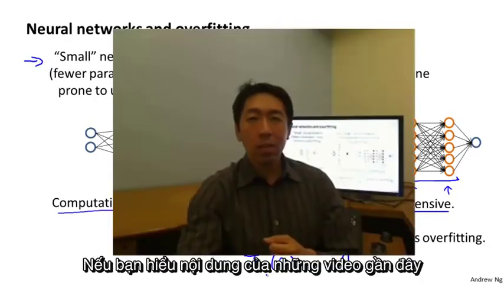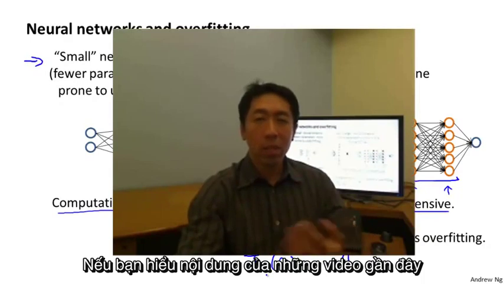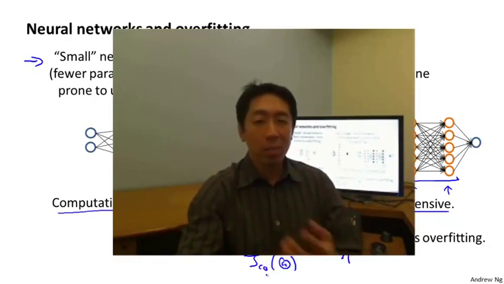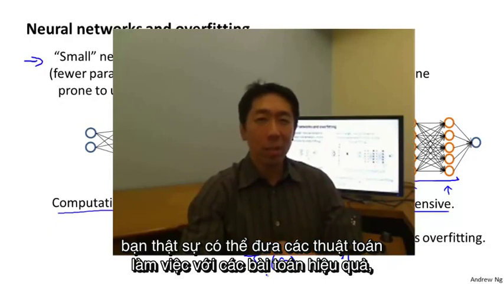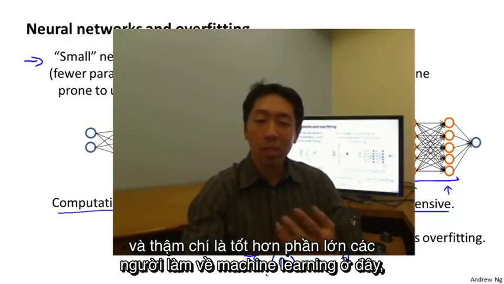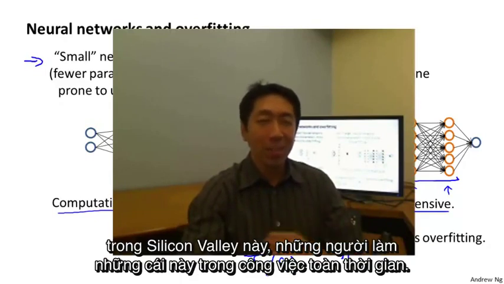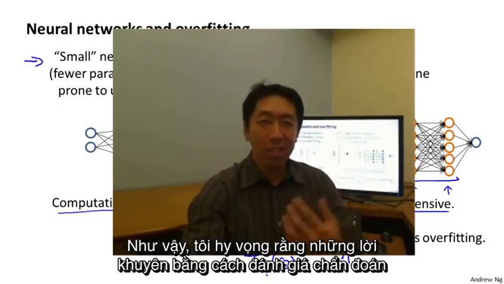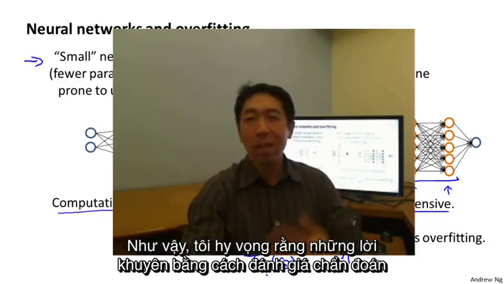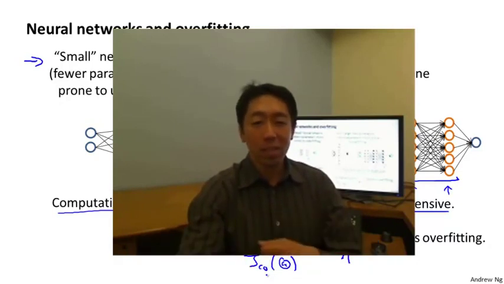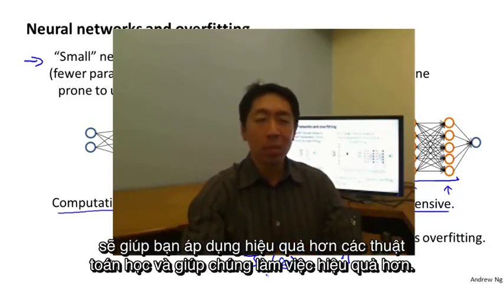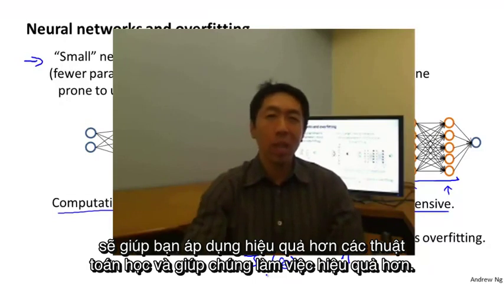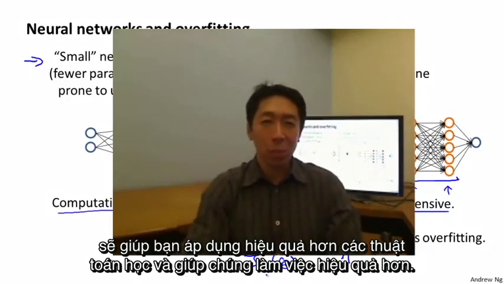If you understood the contents of the last few videos, and if you apply them, you'll actually be much more effective already at getting learning algorithms to work on problems than even a large fraction, maybe the majority, of practitioners of machine learning here in Silicon Valley today doing these things as their full-time jobs. So I hope that these pieces of advice on bias, variance, learning curves, and diagnostics will help you to much more effectively and powerfully apply learning algorithms and get them to work really well.